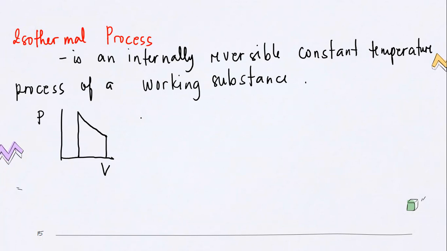Inversely proportional. This one is your V1. This one is your V2. This one is your P1. And this one is your P2. Pressure times volume is constant. 1 to 2.